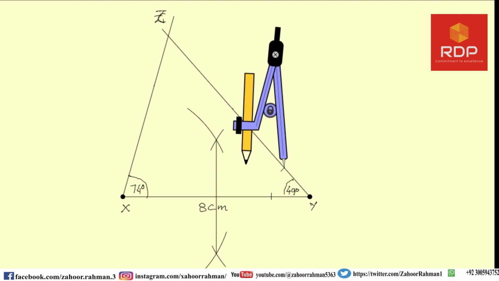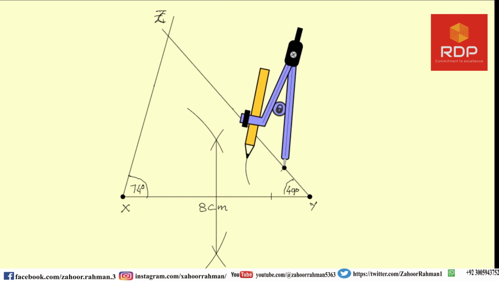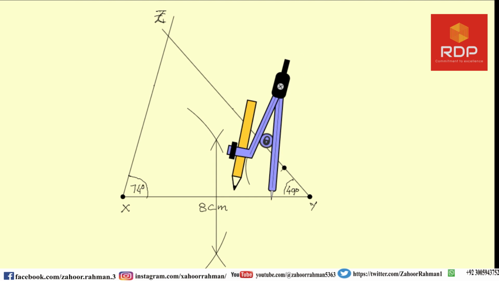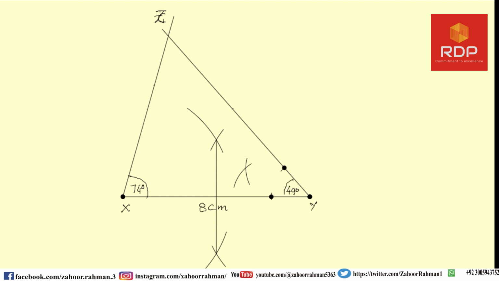Now I have to put the compass here and then here, and draw another arc. Remove this and draw a straight line passing this intersection point. So this is the perpendicular bisector of this, and they are telling us that both the lines are cutting each other at U. So that is the U point.